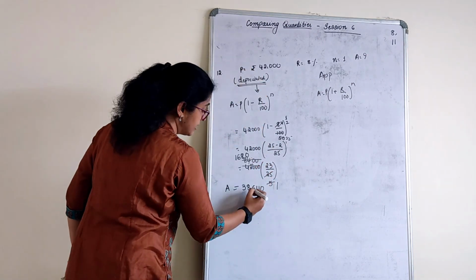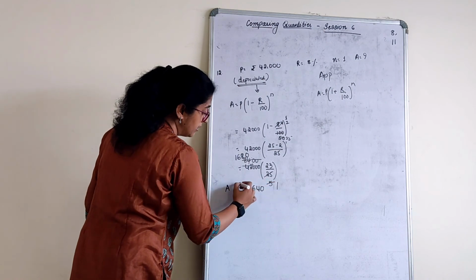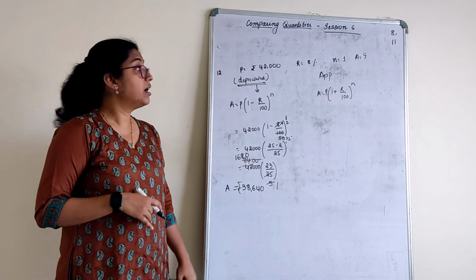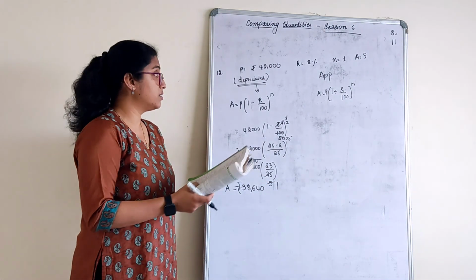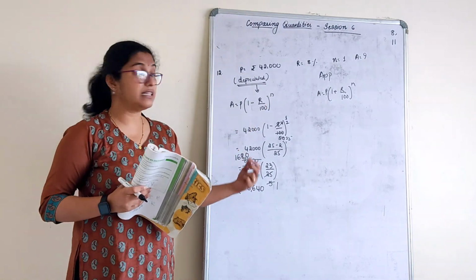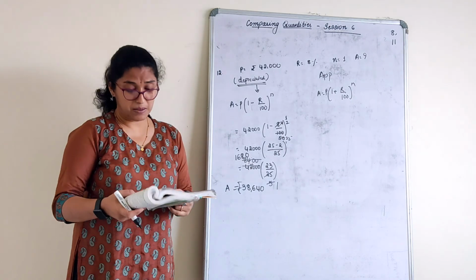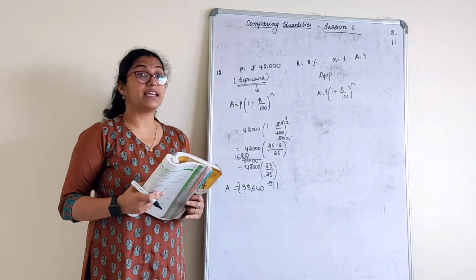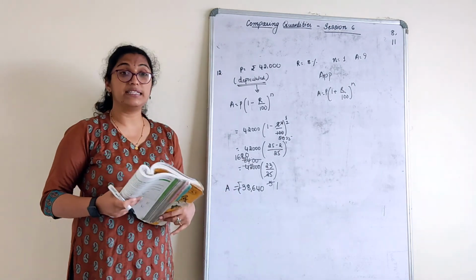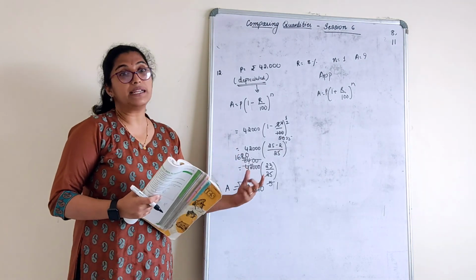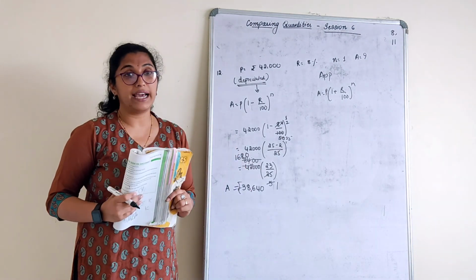You have to get lesser than the principal. Why? Because the value of the scooter was depreciated after 1 year at the rate of 8%. Simple. Use this formula with minus. So with this, children, we complete the chapter comparing quantities, as well as we completed the mathematics portion for the academic year.